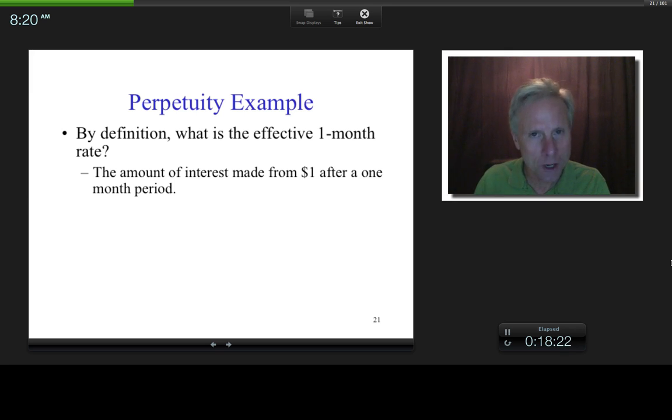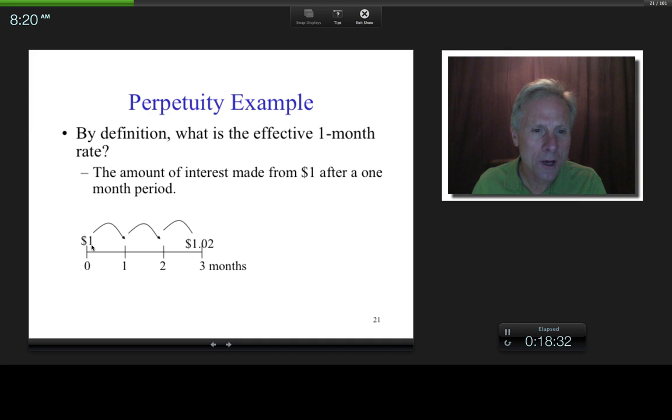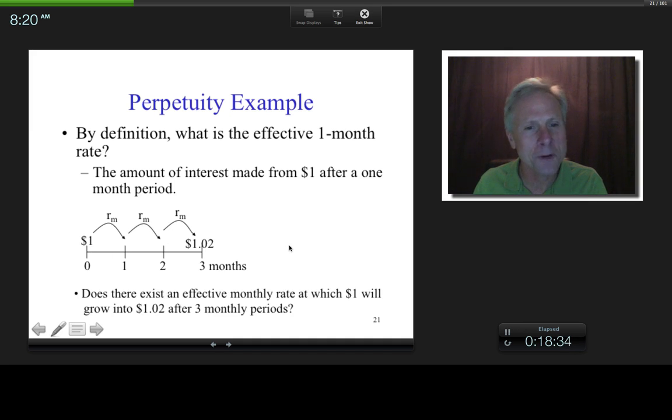Therefore, we know that $1 grows into $1.02 after 3 months, right? So here's my question for you. If these are now monthly periods, and we know $1 grows into $1.02 after 3 months, does there exist an equivalent, if you will, effective monthly rate such that $1 will grow into $1.02? Does that exist? It does, right?